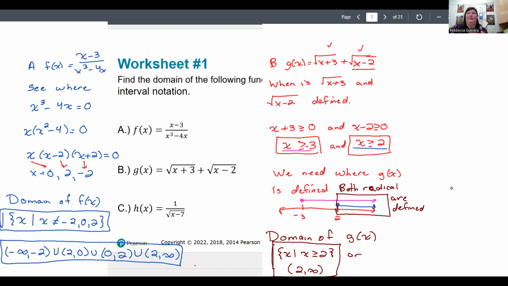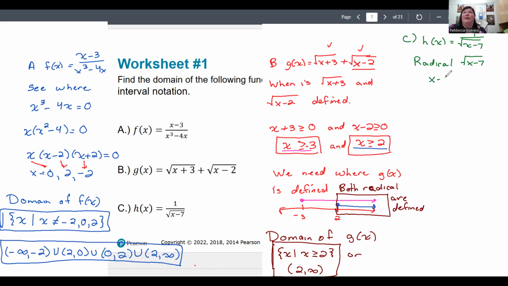Okay, let's see if we can fit 3 here right along the edge. So C, we have a radical that we have to look at, and we have to look at a denominator. Let's look at the radical first. For the radical part, we got the square root of x minus 3.